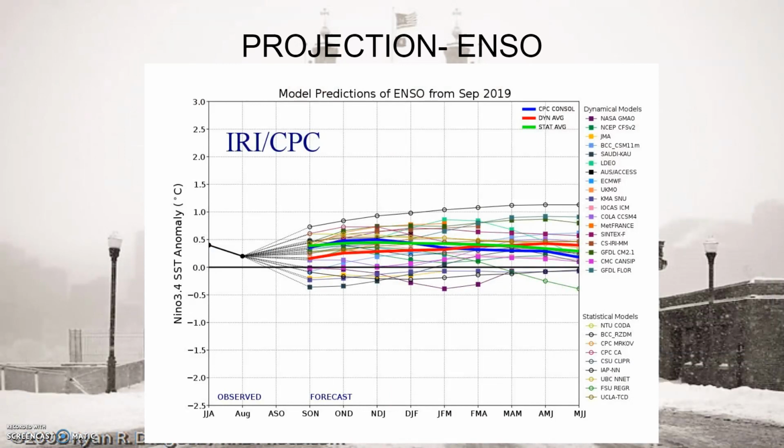And here are some ENSO spaghetti plots. Basically, we're taking a look at how much the ENSO region differs from the average temperature.